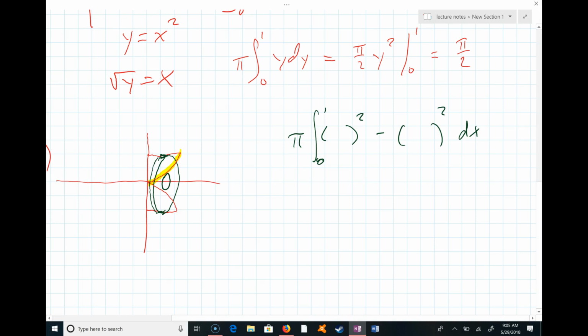Right? So is that line changing? As I draw a line anywhere along this region, from the line of rotation to the outside edge, is it always the same or is it changing? It's always the same, because that outside edge is a straight line, isn't it? So what is the distance from the line of rotation to the outside edge? 1. So my big R is just 1. Isn't that nice?